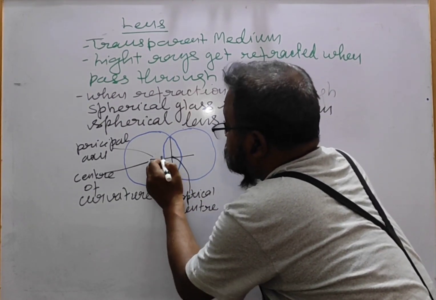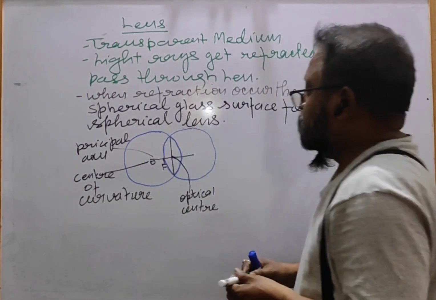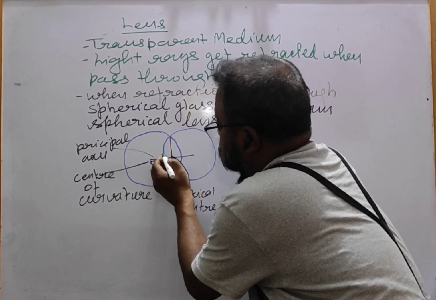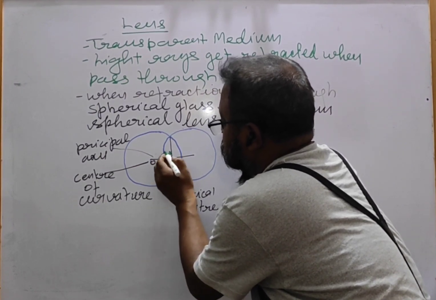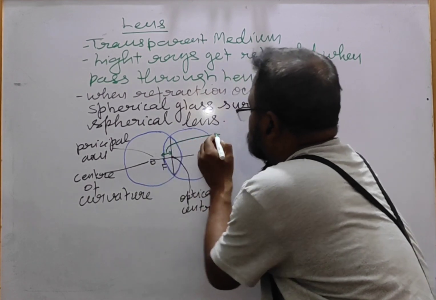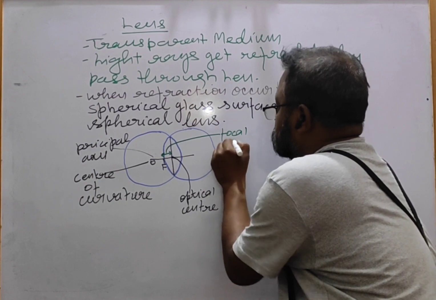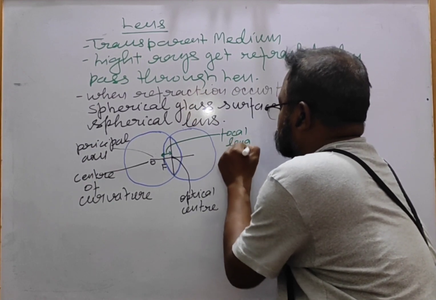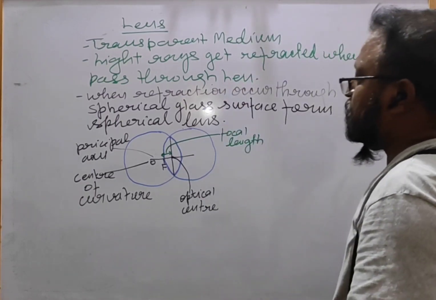And the distance between these two is known as focal length. Distance between optical center and focus is known as focal length.